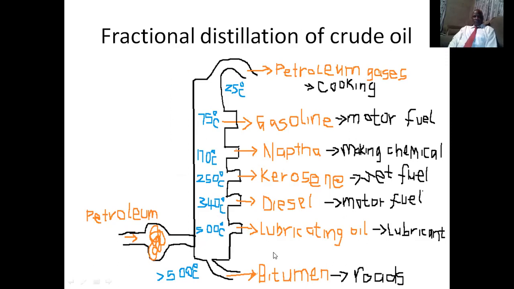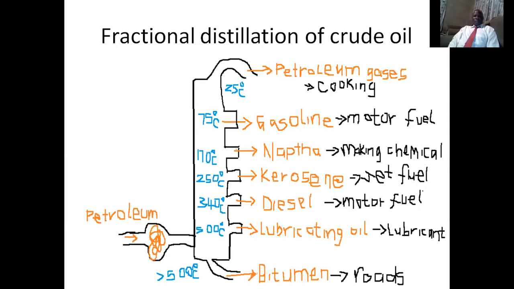And therefore, we produce the residue down here, which is known as bitumen. And bitumen is used in making roads. As well, at 500 degrees, we have lubricating oil, which is used as a lubricant.